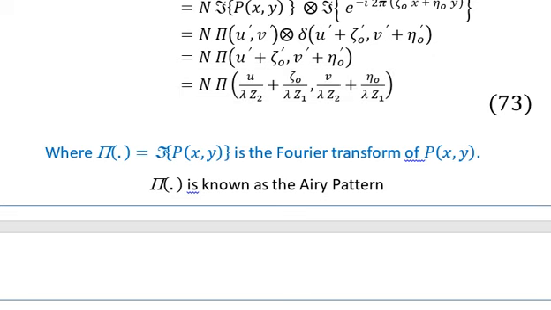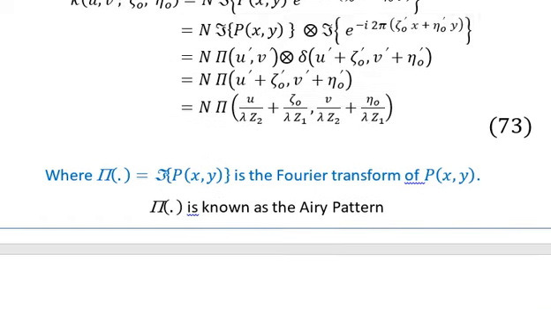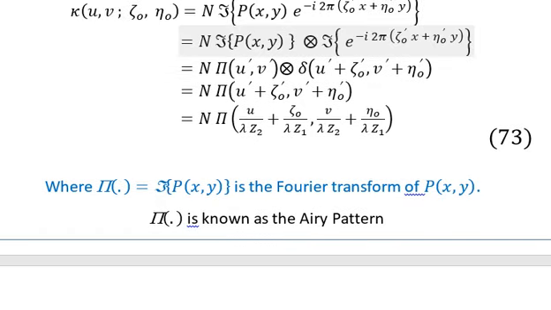So you know that if we have a circular function and you take the Fourier transform of the circular function, you get an Airy pattern as an output. So here we are using a Fourier transform of p of xy, which is circular in shape, and if it is circular in shape, then pi will be an Airy pattern.